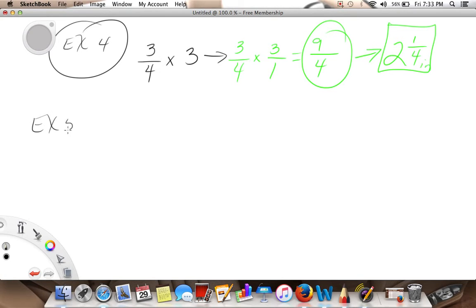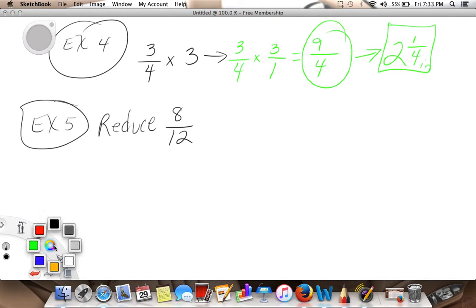Example 5. Example 5 is asking to reduce 8 over 12. Now, when we reduce a fraction, we're actually breaking down this numerator and denominator, and we're dividing them by the greatest common factor. So in this case, we can divide 8 by 4, and we can also divide 12 by 4, because the greatest common factor of 8 and 12 is 4.